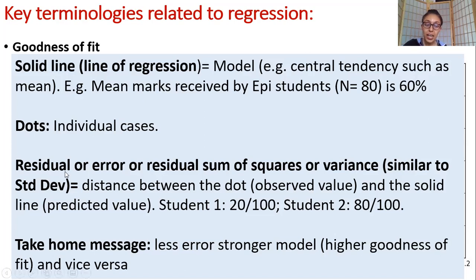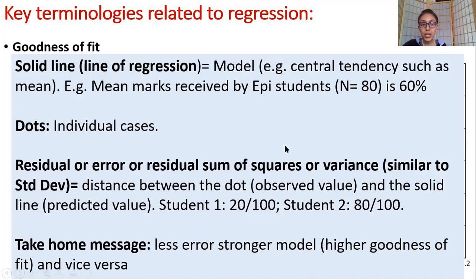It is just like the concept of standard deviation we studied earlier. This is to connect you back to the basics of statistics you have learned, which will help you remember these advanced concepts. In standard deviation, we know the smaller the standard deviation, the better. Similarly here, the less distance between the dot and the line of regression, the better your model.